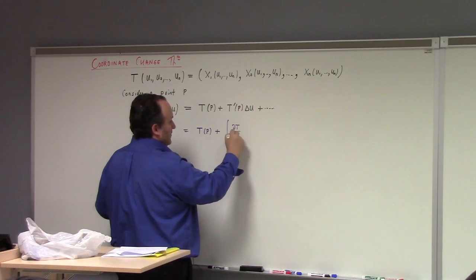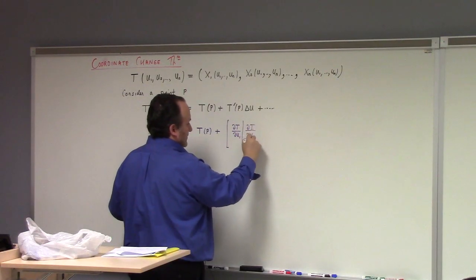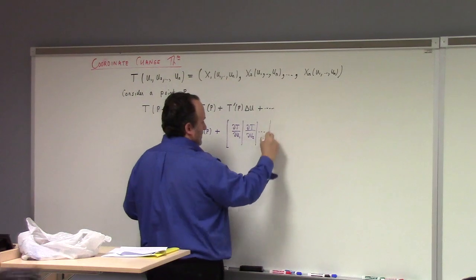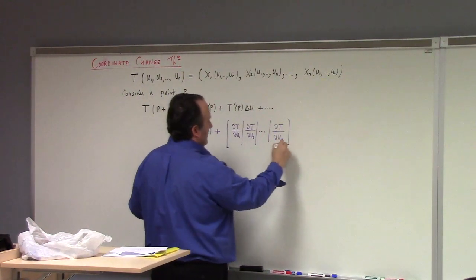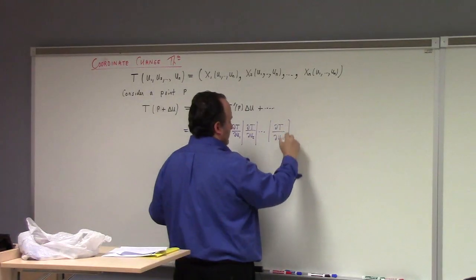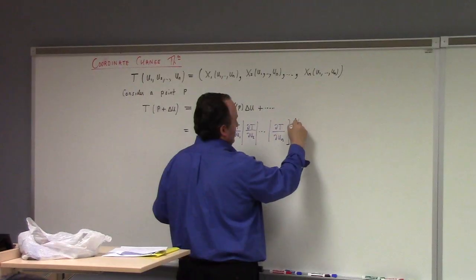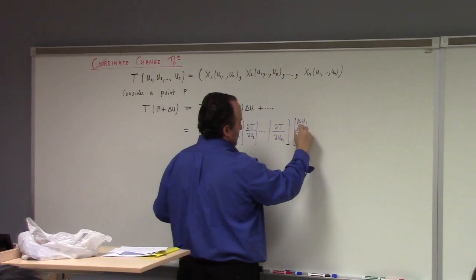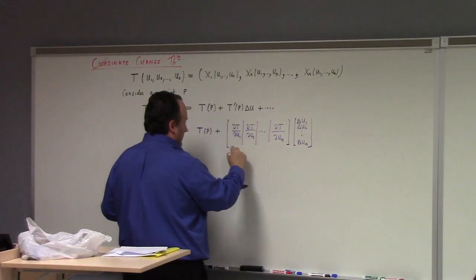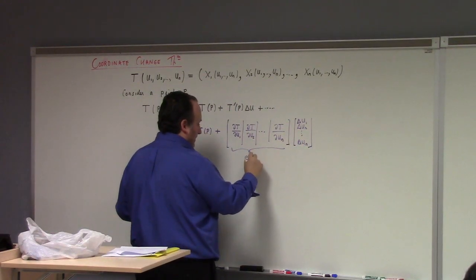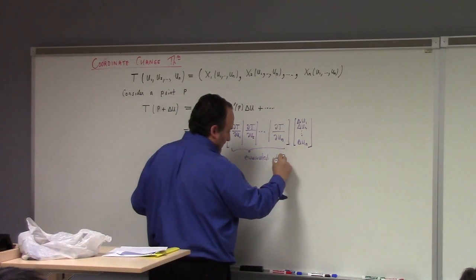Partial T, partial U1, partial T, partial U2, partial T, partial UN. All right, and of course this is all evaluated at P, technically speaking, but then times delta U1, delta U2, delta UN, right? So this is evaluated at the point in question.